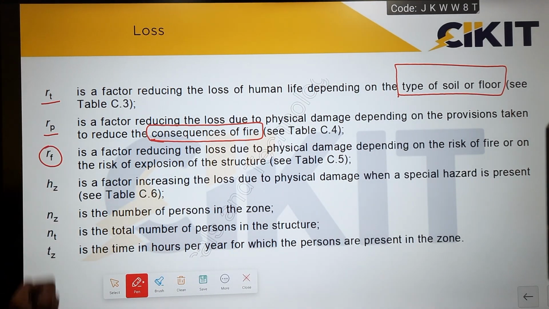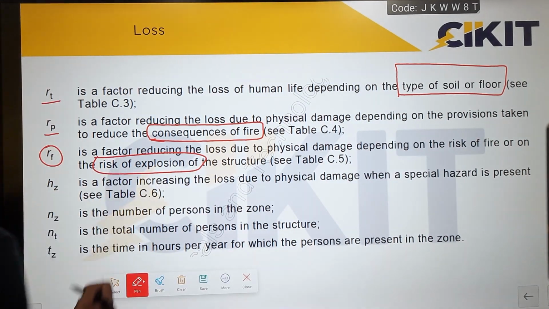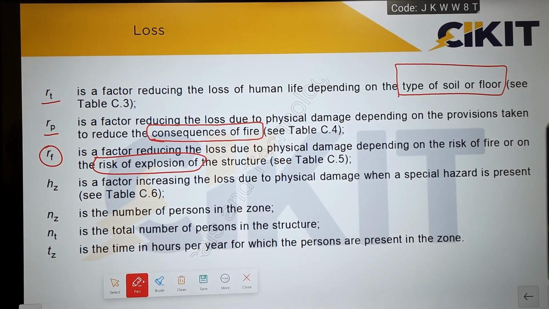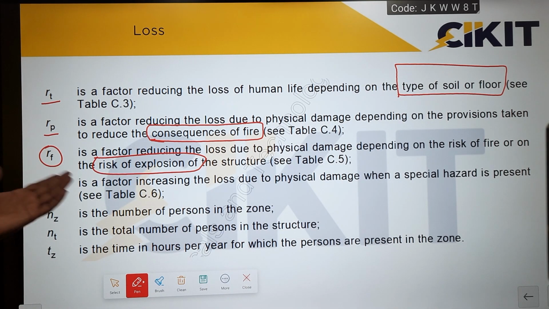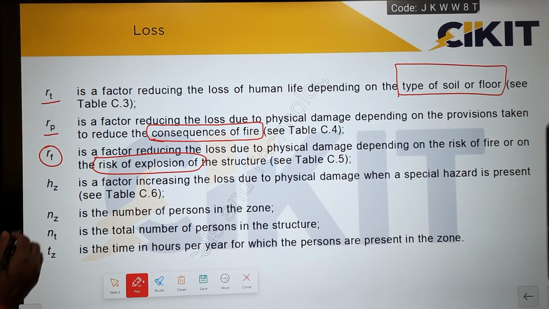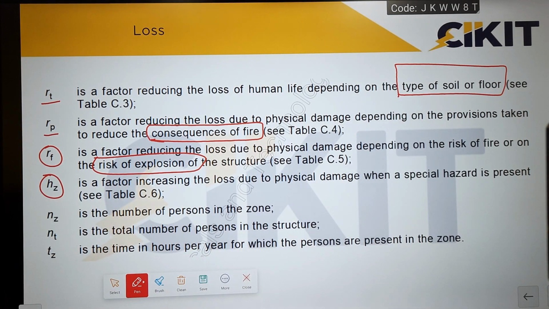This RF factor will be related to the risk of explosion. The risk of fire and explosion is very specific to certain structures where we are handling chemicals, explosives or inflammable materials. For those kinds of structures, we will be considering the risk of fire and explosion. HZ is the special hazard in a particular area.